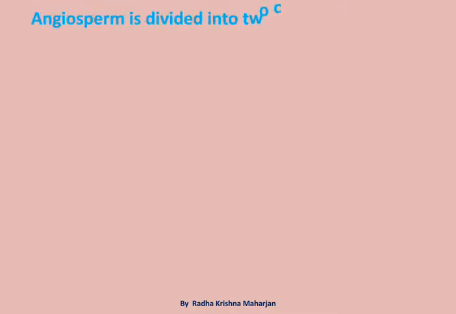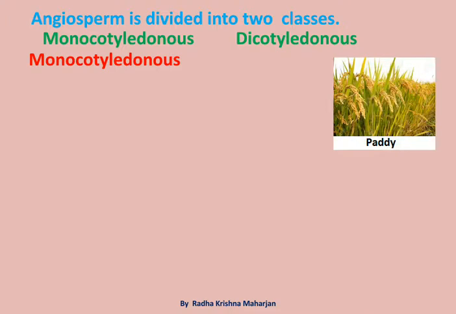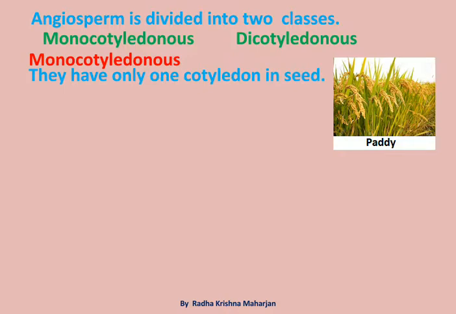Angiosperm is divided into two classes: monocotyledonous, dicotyledonous. Monocotyledonous. They have only one cotyledon in seed.